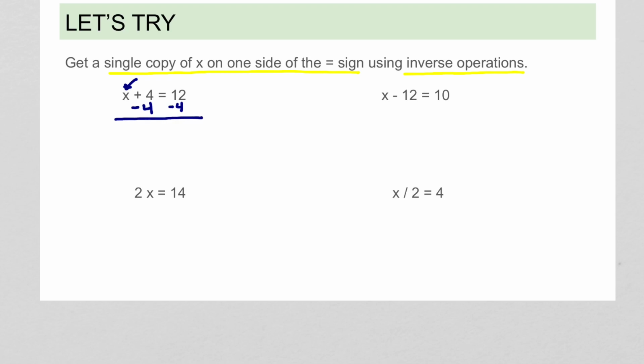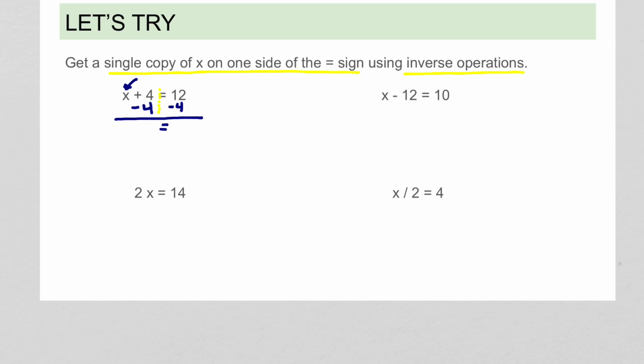You'll see some teachers that maybe draw a line down to remind us where that equal sign goes, where that balance point is. But I want you to notice that negative 4 and positive 4, when we combine those together, those are additive inverses of each other. So they add up to 0. So basically, they get rid of each other.